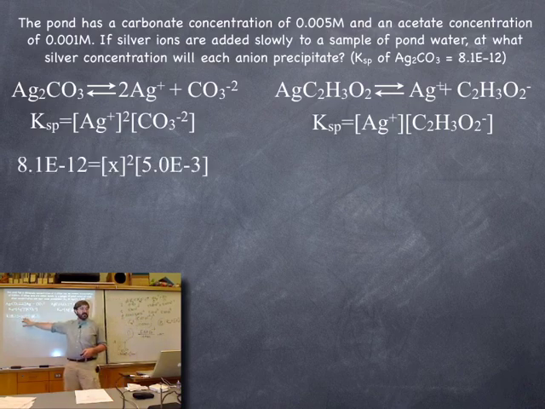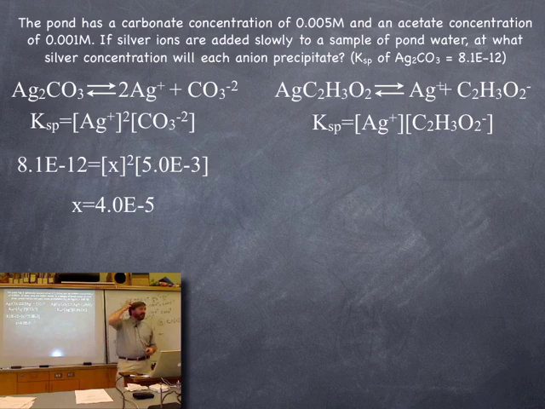Substitute, solve for x. So when the concentration of silver ions hits 4.0 times 10 to the negative 5, silver carbonate will start to precipitate out. I took 8.1 times 10 to the negative 12 divided by 5.0 times 10 to the negative 3rd. And then I took the square root of it.